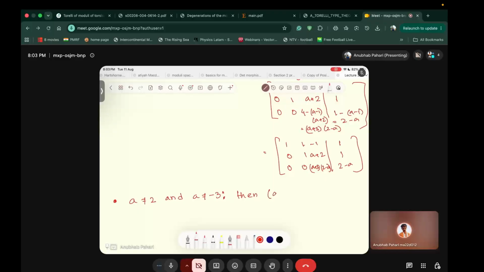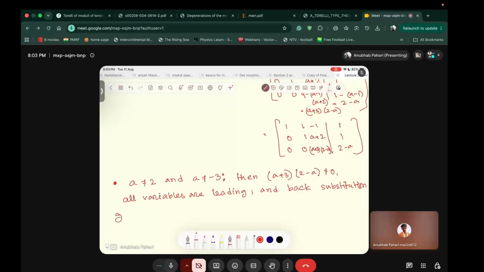Then a plus 3 into 2 minus a is non-zero, and all variables are leading, and back substitution gives x3 equals 2 minus a by a plus 3 into 2 minus a, which equals 1 by a plus 3.